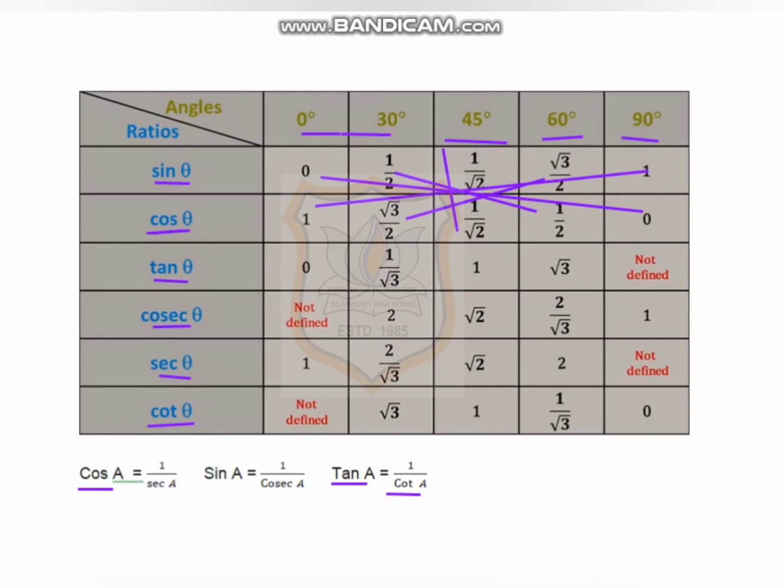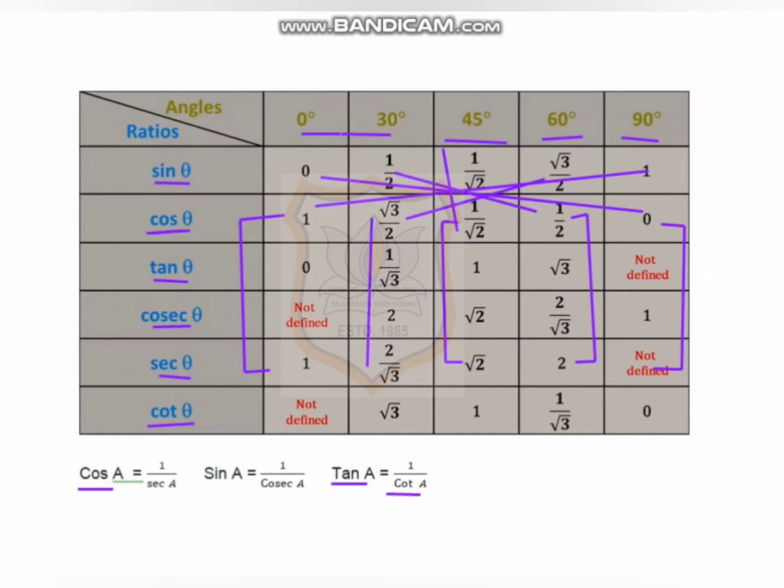After getting cos, we can easily write sec. The reciprocal of 1 is equal to 1. The reciprocal of root 3 by 2 is 2 by root 3. The reciprocal of 1 by root 2 is root 2. The reciprocal of half is 2 and the reciprocal of 0 is not defined.